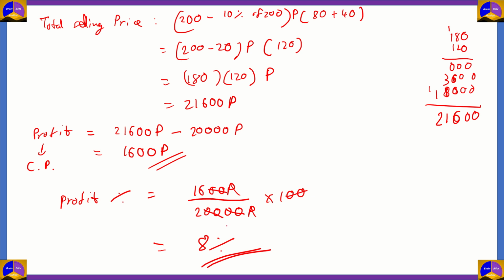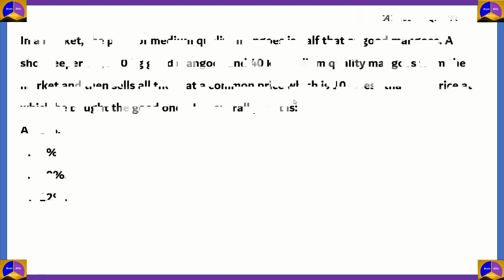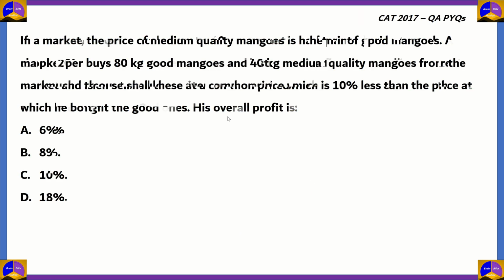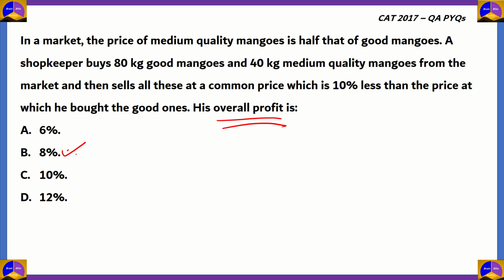So the profit percentage, the effective profit that the shopkeeper has earned by doing what was suggested in the question, his overall profit, if we go back, is 8%. So option B turns out to be the right option.